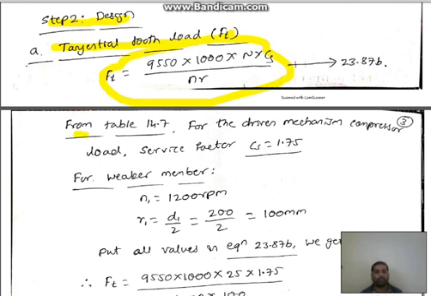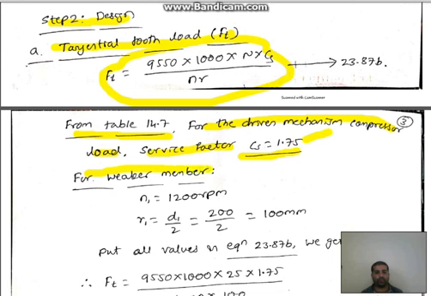From table 14.7, for the driven mechanism compressor load, we take the service factor CS equal to 1.75. Here we are not doing any assumptions. For the compressor, the service factor is 1.75.